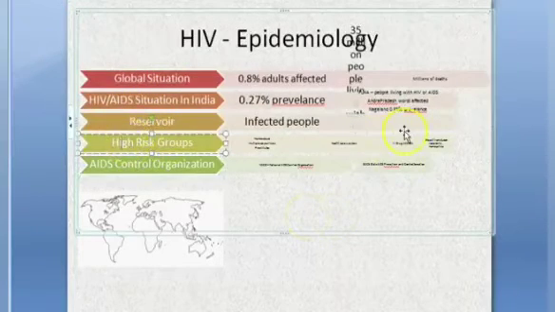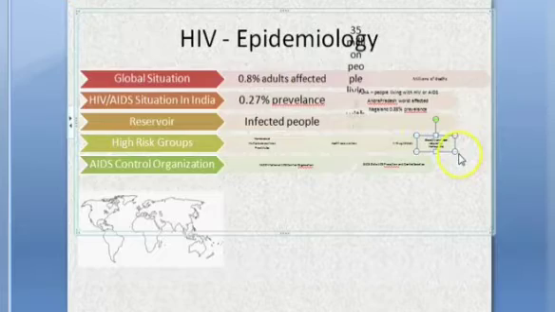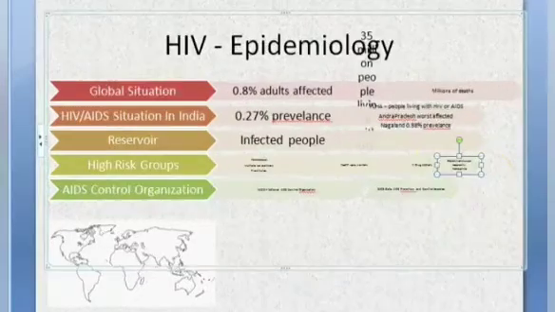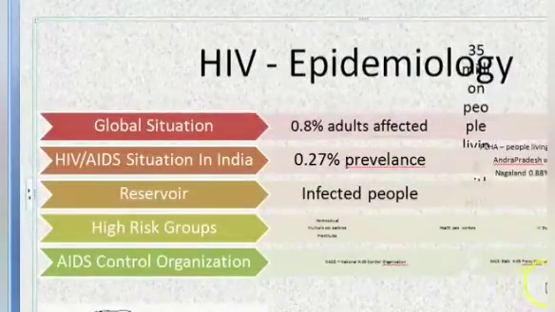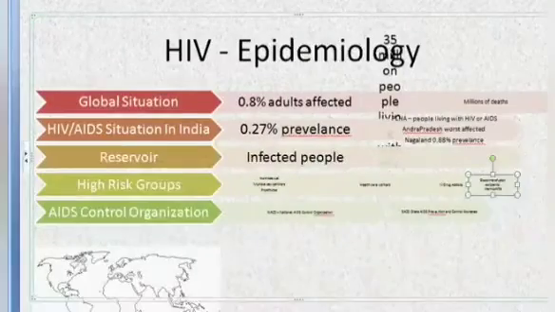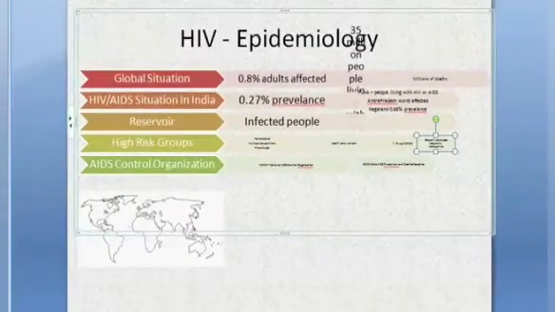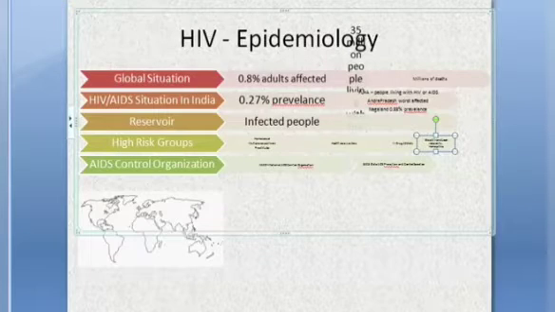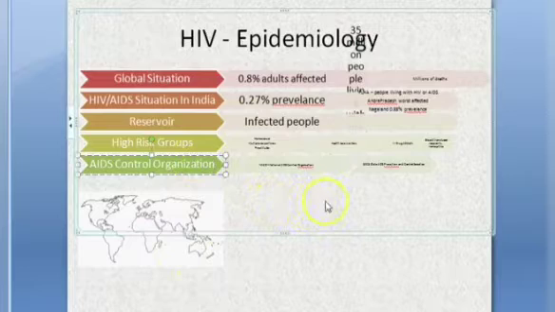Then coming to the last one here, I can't even see it. What is it? Okay, it is about blood transfusion. So whoever is receiving blood transfusions, like people who have hemophilia or thalassemia, are also high-risk groups for HIV. Now, for AIDS control organizations, there are two.